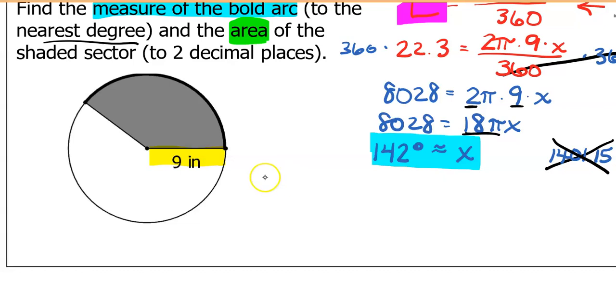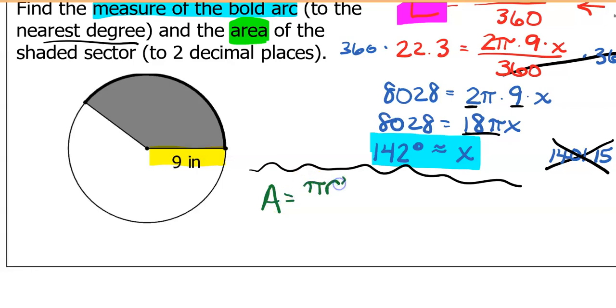Now that they're asking for area, I start a new process. Area. I'm going to stick with version 1 of the formula, but it's your choice. Pi r squared theta over 360. And then I just reread. Sector area they did not give me.